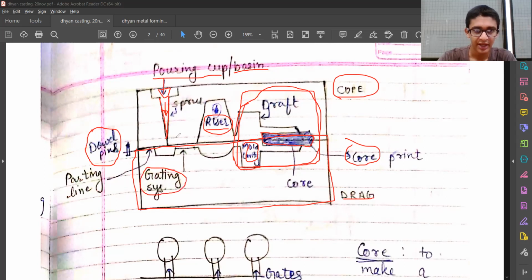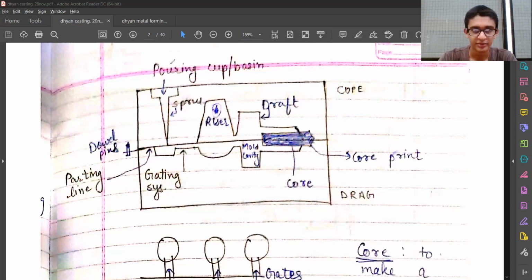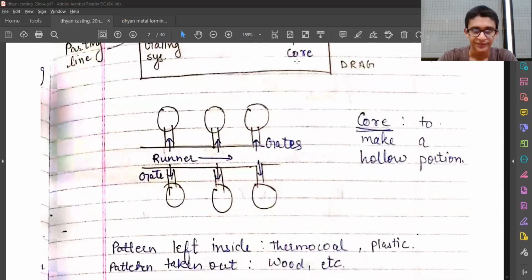What does that mean? When we are going to pour it, which is explained over here, let me just clear all and go down. Over here we have a single runner. We pour it from the top, and then the metal flows in that direction, or it can also flow in the opposite direction.